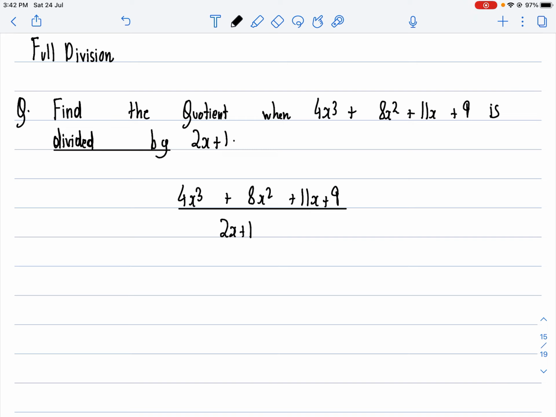This is how it's represented. Basically this numerator is your dividend, and your 2x plus 1, which is the denominator, is your divisor. You need to always know that your dividend is the p of x, always.